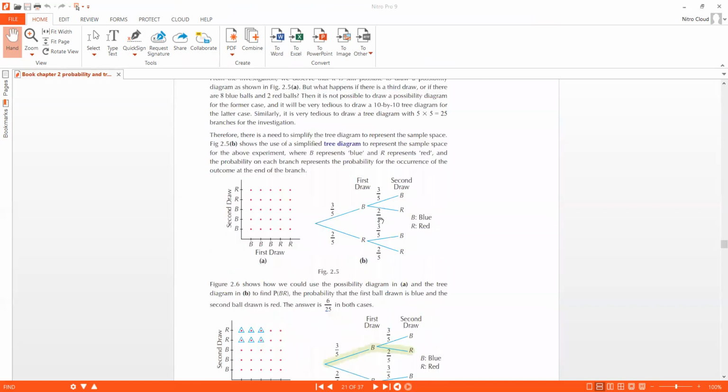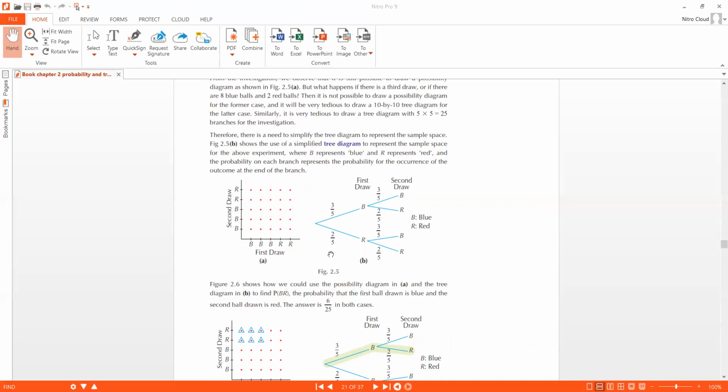Just like in this sample space, if you look at it, the first draw is 3 over 5 and the second draw is 2 over 5. So for B and R, that is 3 over 5 for B and 2 over 5 for R. Again, in the second draw, B is 3 over 5 and R, red, is 2 over 5.